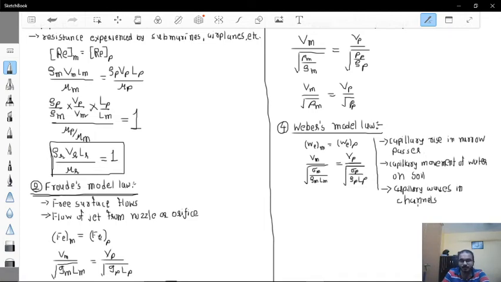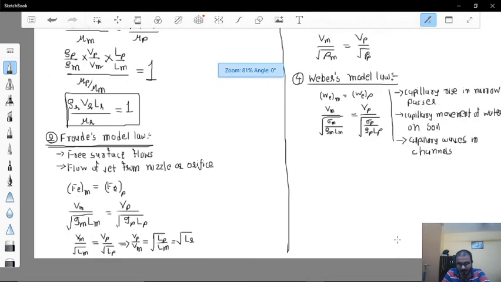Now let's move forward to our fifth and last law, which is Mach model law. Obviously, this will be applicable when the elastic forces are dominating with Mach number being same. So Mach number of model and Mach number of prototype is same.